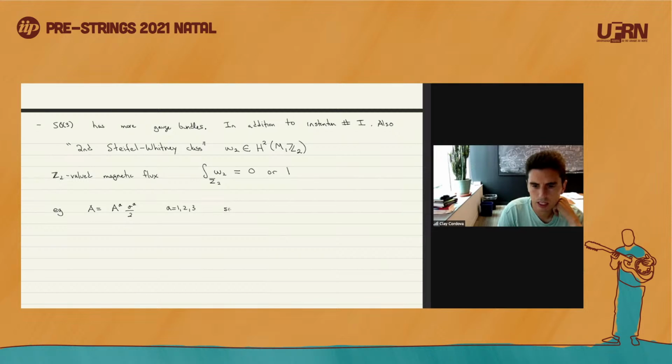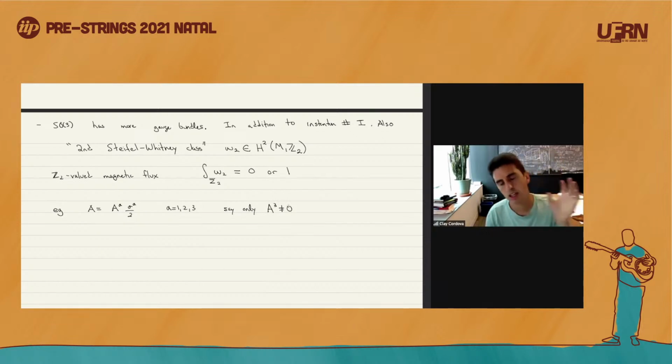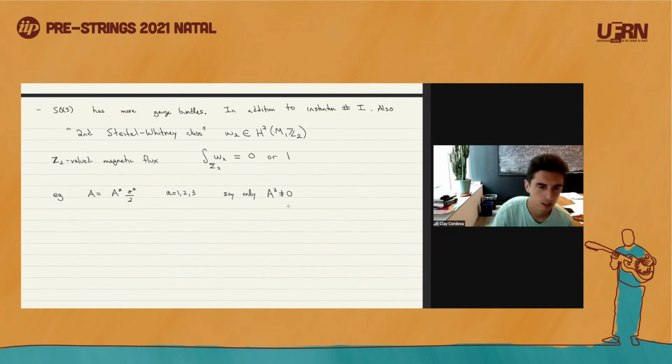And if we say only A^3 is not equal to 0, so this is inside the U(1) diagonal subgroup generated by sigma 3 inside SO(3). Then the claim, which is a little exercise, is that w_2 equals the integral of dA^3 over 2 pi, so w_2 over sigma_2.